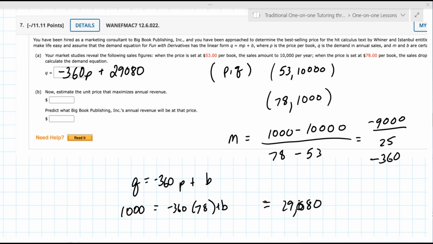So the equation would be Q equals negative 360P plus 29,080. Yes, it's always the equation of a line, but with P and Q instead of M and X, or X and Y. Okay, yes, that worked.